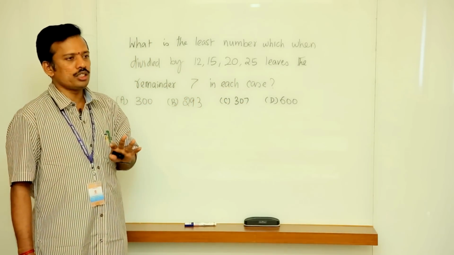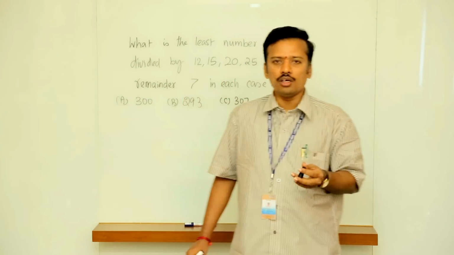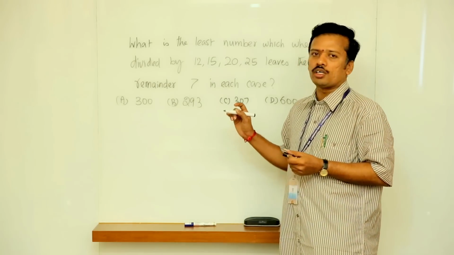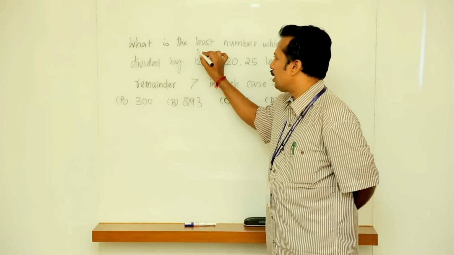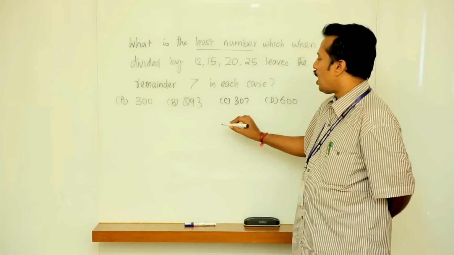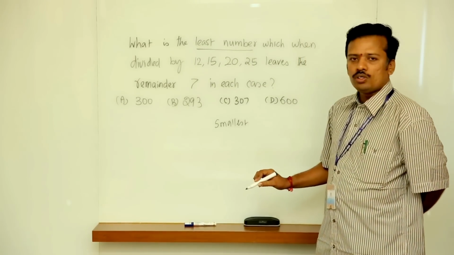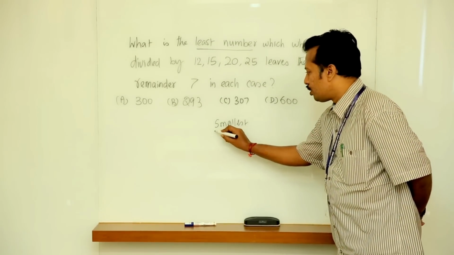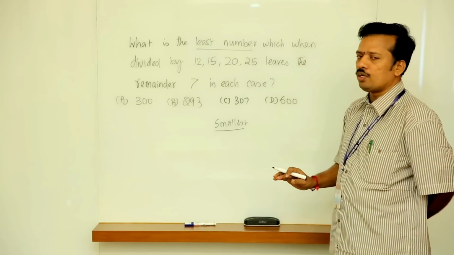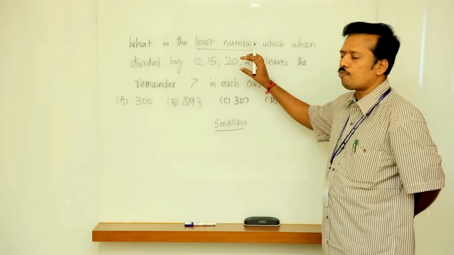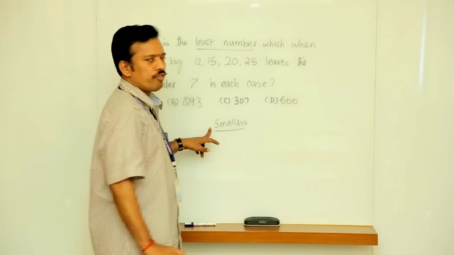So what is the concept you are going to apply here that you need to analyze. One simple thing in all the different questions of this particular kind you can analyze: whenever you come across the words least number or smallest possible value, that is nothing but the concept related to LCM, smallest possible number or least possible number. So whenever you come across this kind of question, you need to apply the concept called LCM.